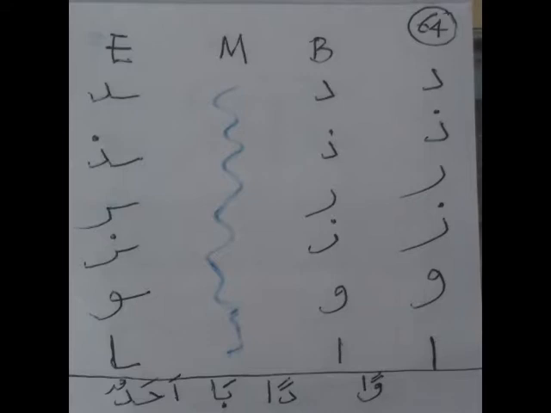You can't attach alif to dal. But look, you have ba there, because you can attach alif to the ba, but you cannot attach alif or anything to another alif or to a waw or to a za or to a ra or to a dal.